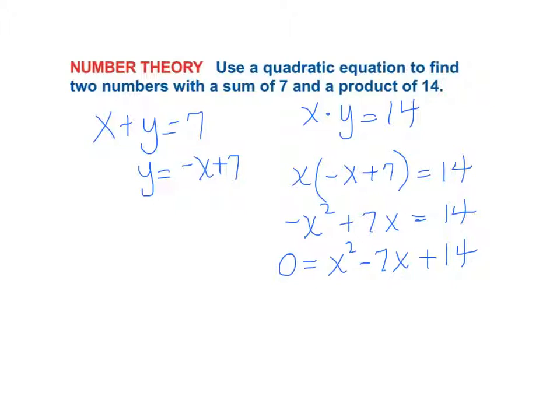So that's my quadratic. What we're going to do on the calculator is put that into y equals and graph it. Then you're going to do second calc and pick zeros.